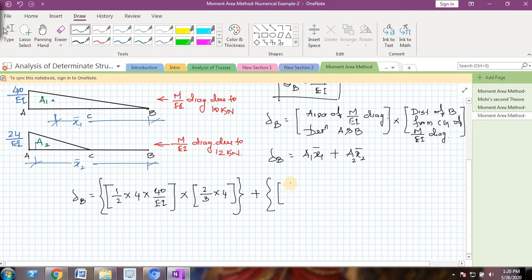Plus A2 will be half of base 2 and height 24 by EI, multiplied by x2 bar, this distance from here up to here, which will be 2/3 of 2 plus 2.